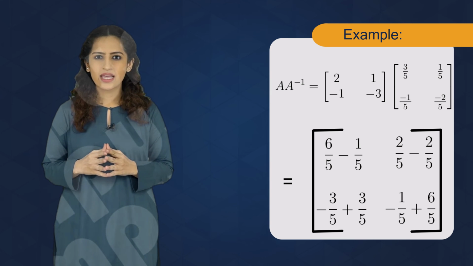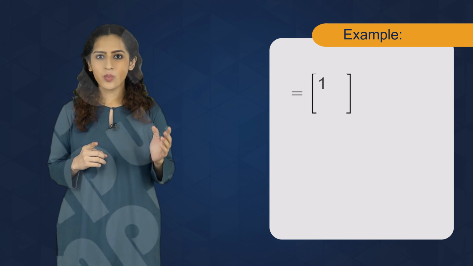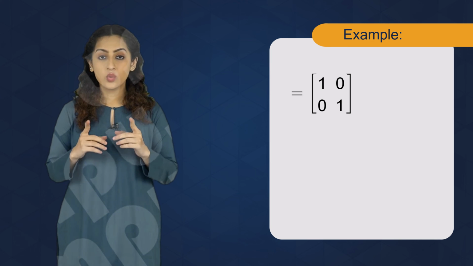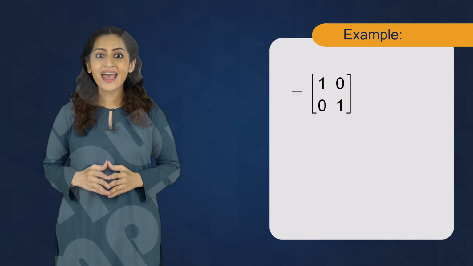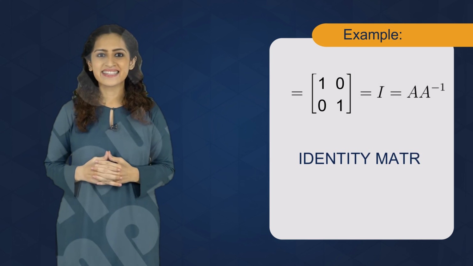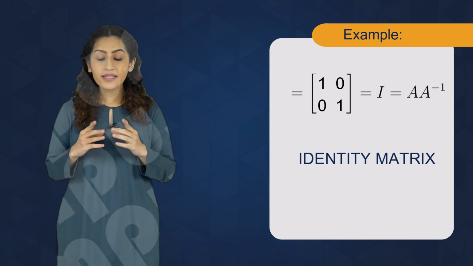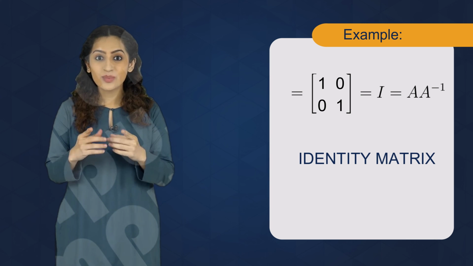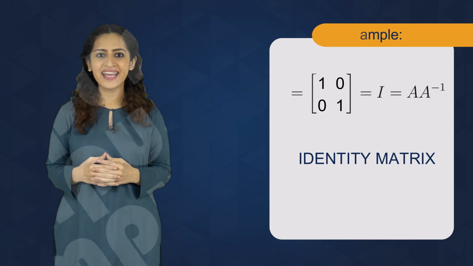Solve the fractions and you will get 1, 0, 0, 1, which is in fact an identity matrix. By verifying the relationship, we have checked that this matrix was actually the inverse of A.